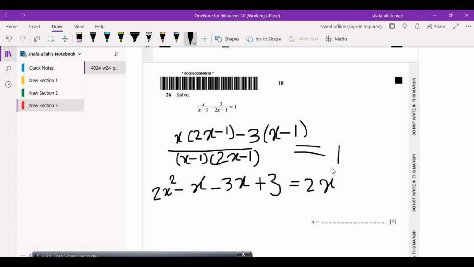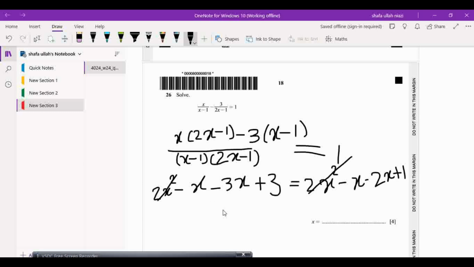Then we multiply with 1, so we get minus 2x plus 1. That's it. 2x square is cancelled with this 2x square.